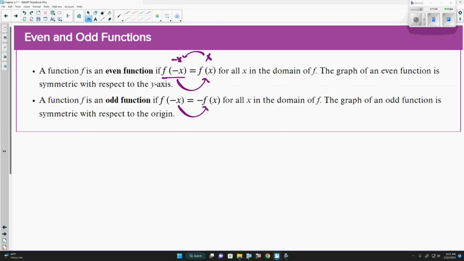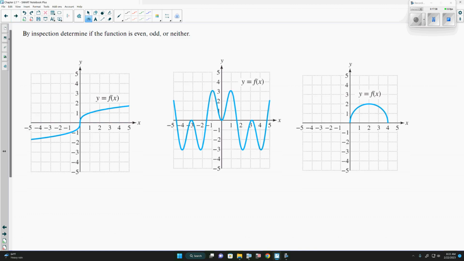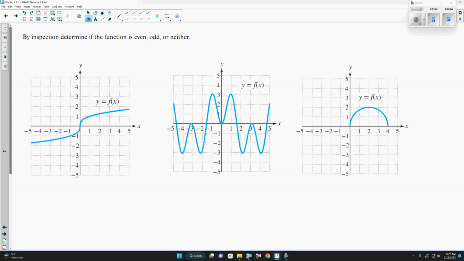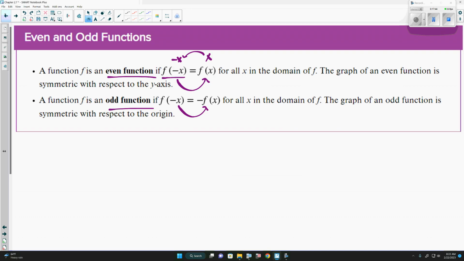And these here, I do these for especially testing with even and odd functions. I do them in a similar method. Well, so really, even is symmetric across the y-axis.